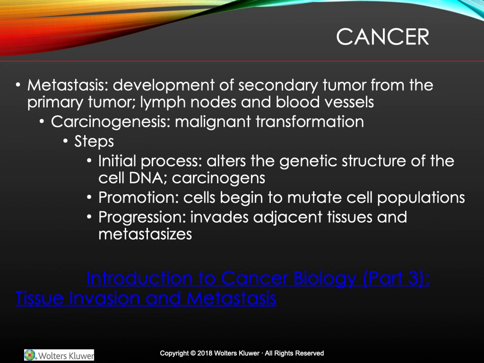So when you think of metastasis, that's how it's going to be spread from lymph vessels adjacent to lymphatic vessels, transport from blood to lymph system, and then diffusion within the body cavity. That is how metastasis occurs. Select the link provided that talks about tissue invasion and metastasis.